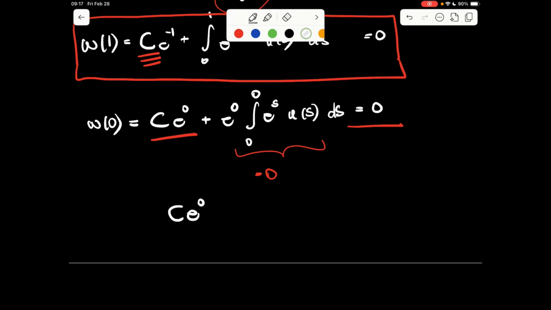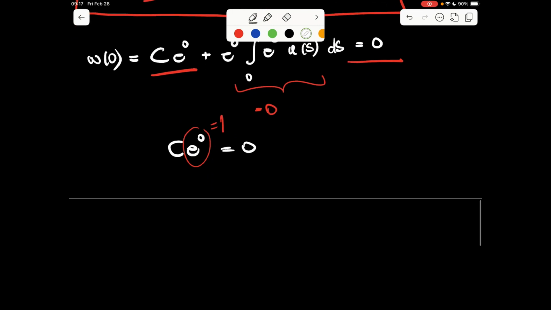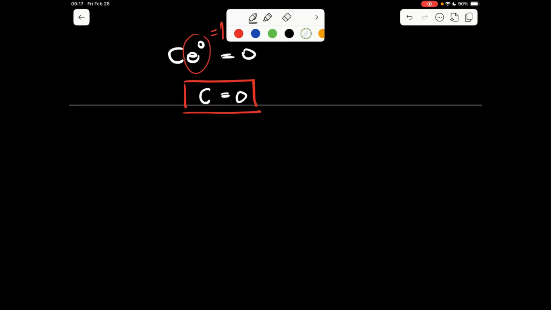So this is 0. This is 1. So, at the end of the day, the constant term is 0. This is an important result. So now we can rewrite the first restriction on the function u, because c is 0, so all we have is this integral, which is 0.